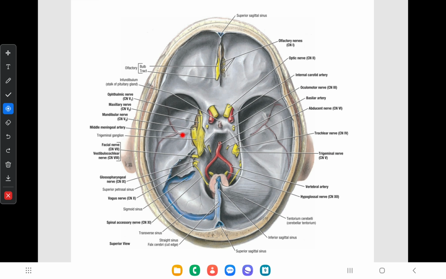So if one of the divisions is affected by herpes zoster or shingles, in the particular area on one side which is supplied by this subdivision, you can see the painful blisters.